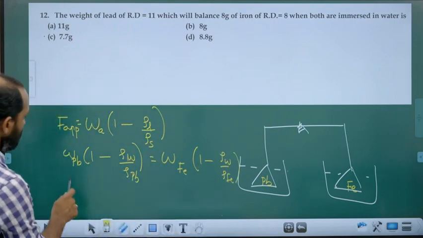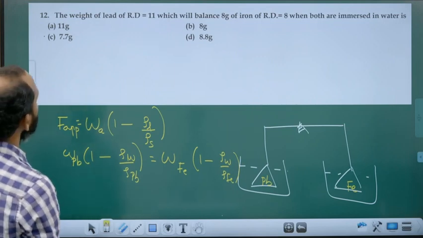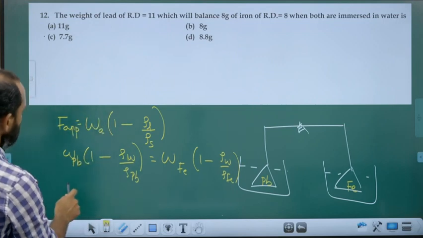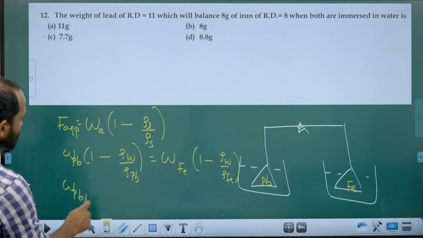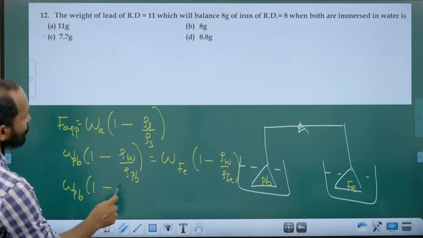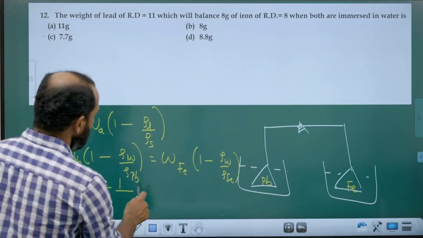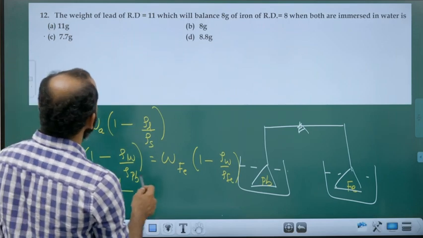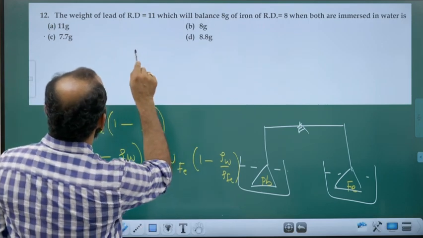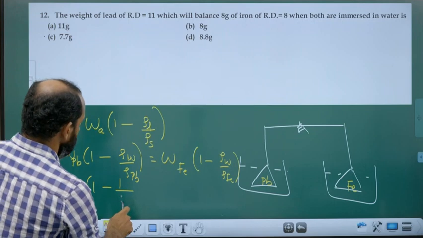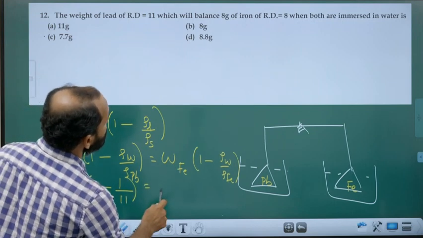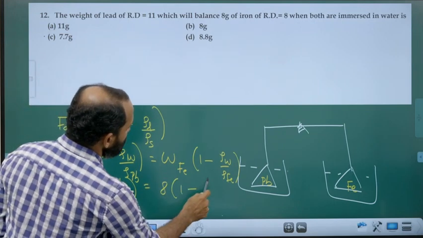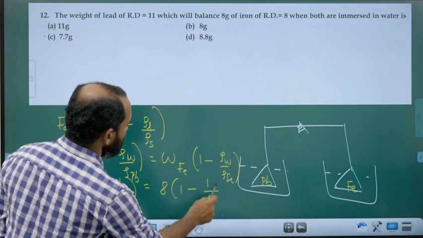Now substitution. The weight of lead is asked here. So weight of lead into 1 minus density of water, I am using CGS density 1, divided by density of lead, 11, equals weight of iron 8 gram, 1 minus density of water 1 by density of iron 8.